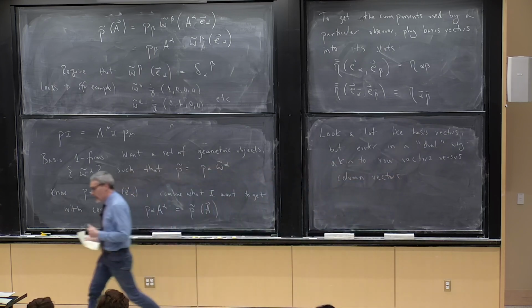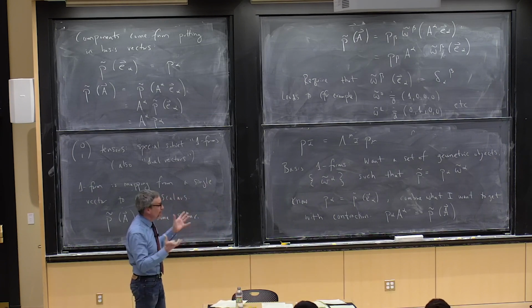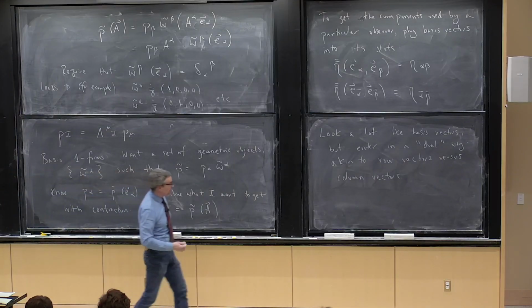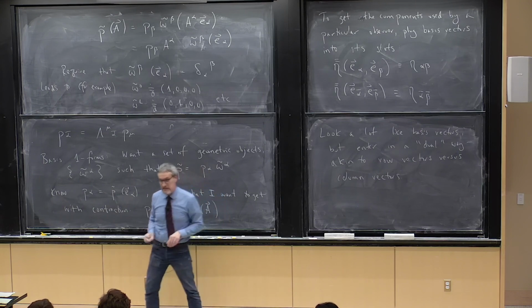Okay, and so they're going to play an important role in helping us. Whenever I contract two objects together to make some kind of a Lorentz invariant scalar, I'm going to want to only combine objects that have a dual nature like this. That's the only way I can get something sensible out of it.